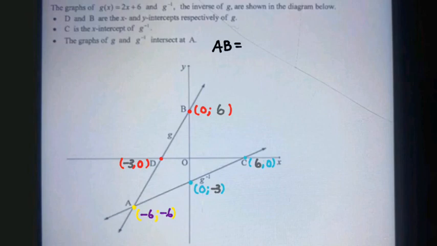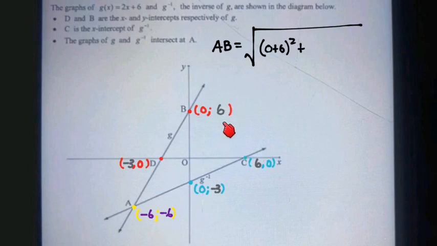It's going to be the square root of, it's the theorem of Pythagoras. I'm going to say x, 0 minus minus 6, so it's 0 plus 6, all squared, plus 6 minus minus 6, it's 6 plus 6, all squared. You do the square root.